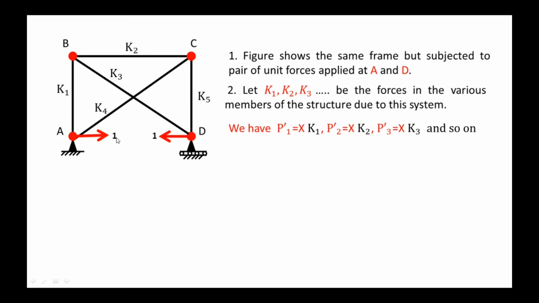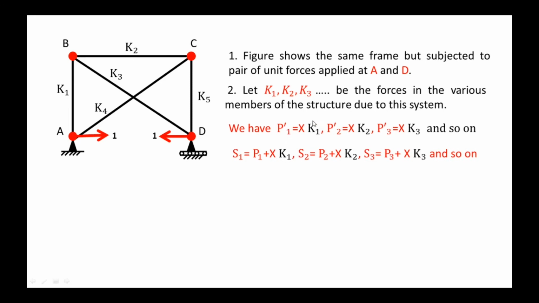If you apply a unit force pair at joint A and joint D, it develops in member AB the force K1. So P1 dash is equal to X into K1, P2 dash is equal to X into K2, P3 dash is equal to X into K3, and so on.